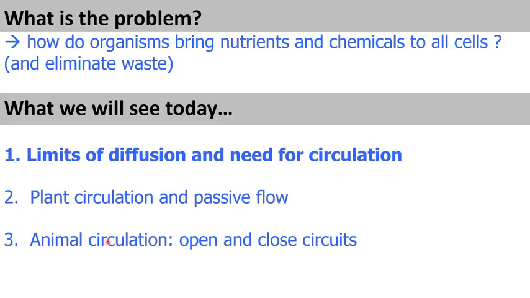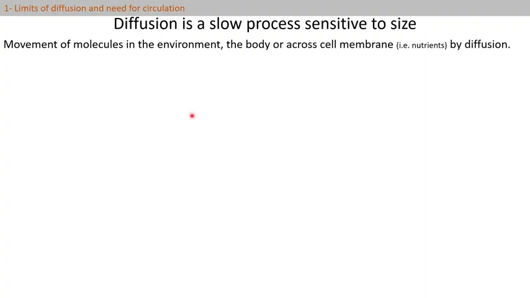And finally, we'll move to animal circulation, where we'll discuss both open and closed circuits and the implication for what is called hemodynamics. So let's start with the limits of diffusion and the need for circulation.